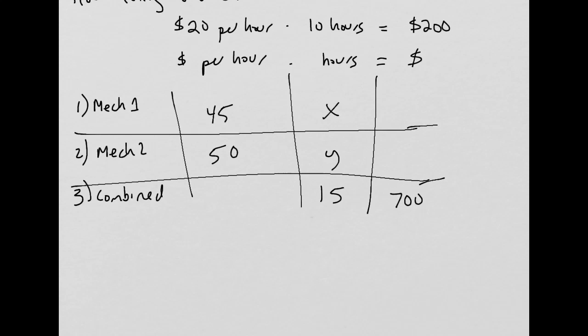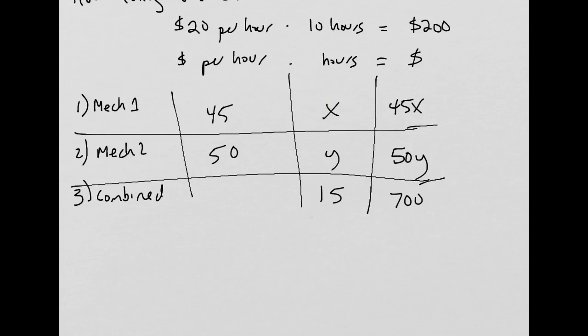So an expression for the amount of money that mechanic 1 made for those x hours would be 45 times whatever x is. Similarly, mechanic 2, if he's working for $50 per hour for y hours, the total amount of money that he made and would charge would be 50 times whatever y is.